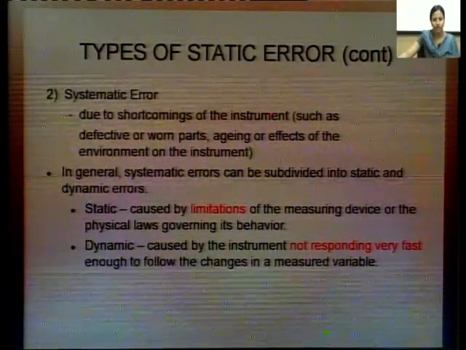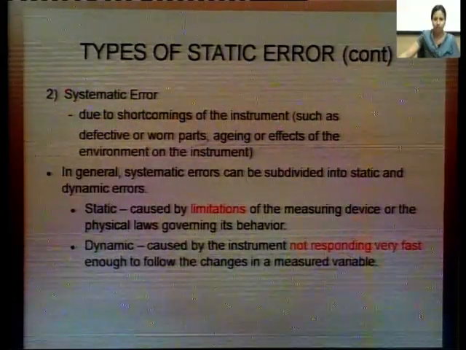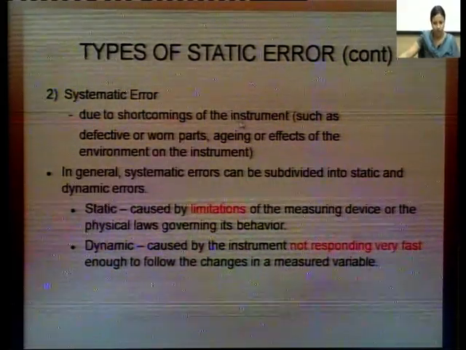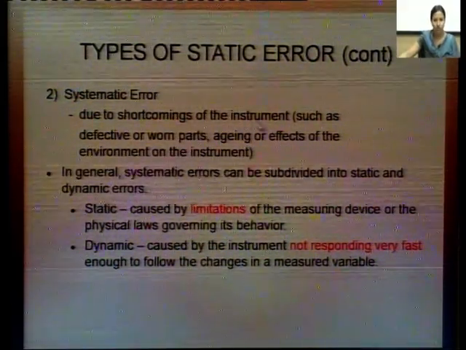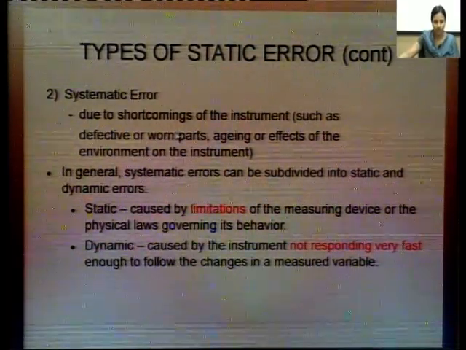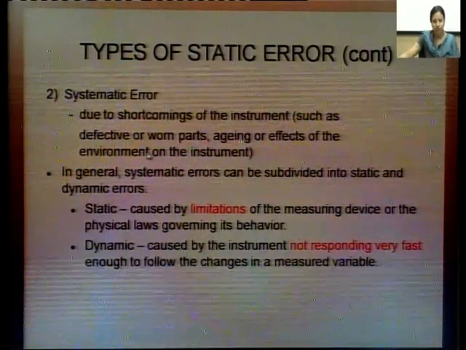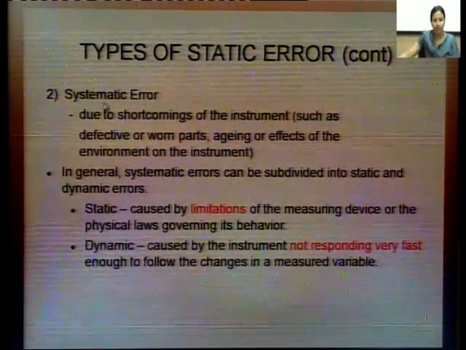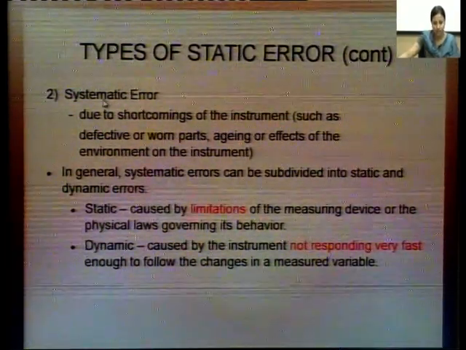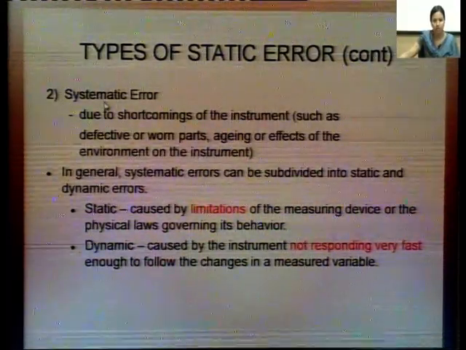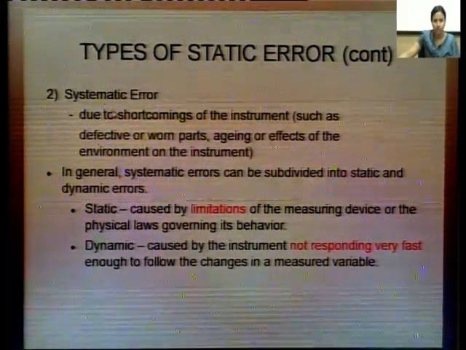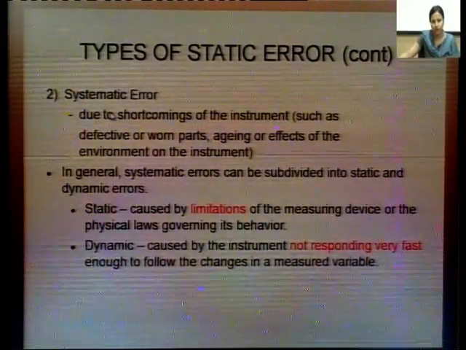All these are factors for the shortcoming of the instrument. If we are using an instrument which is not reading properly, then this type of error comes under systematic error. Systematic means system means instrument. So it is purely due to the instrument.